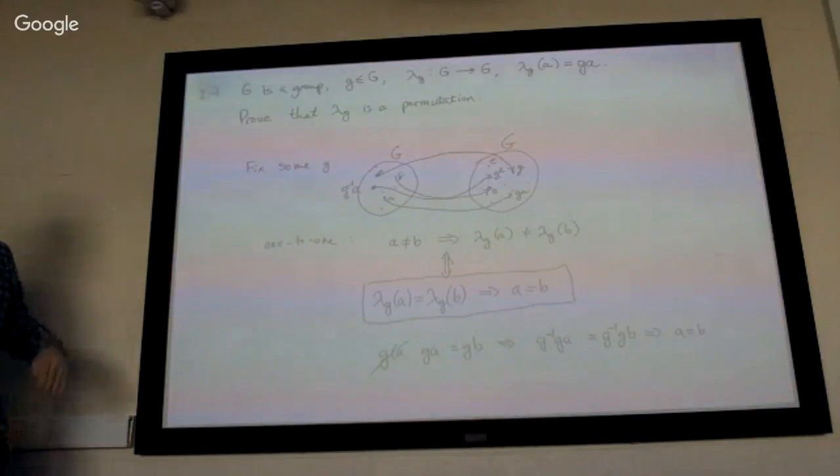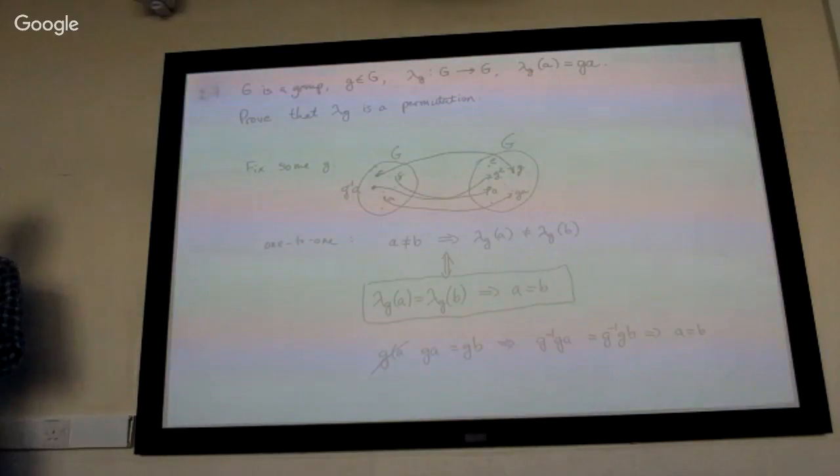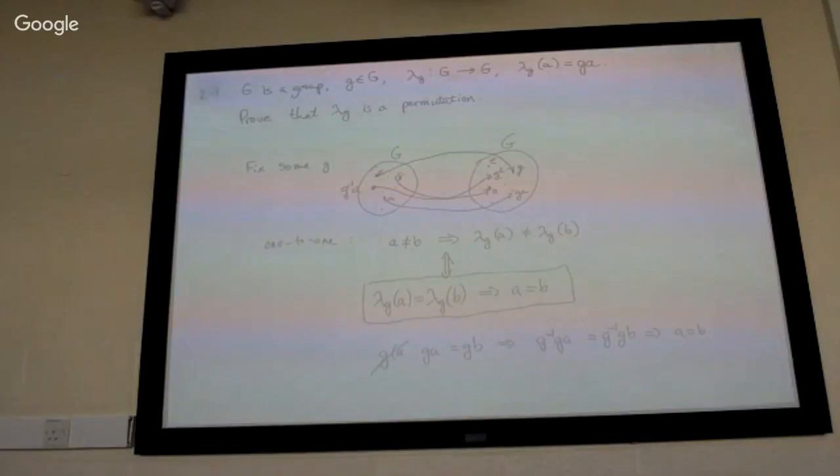It's just a matter of analyzing what it actually means to be a permutation, and very often it's just going back to the definition. Okay. So that answers the question.